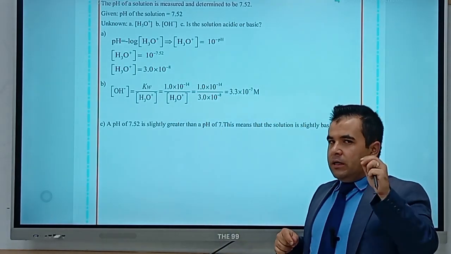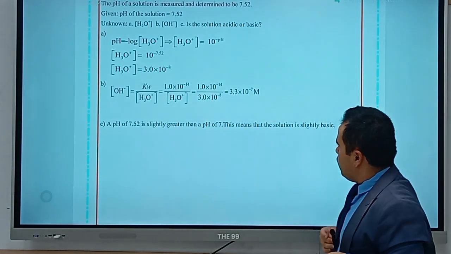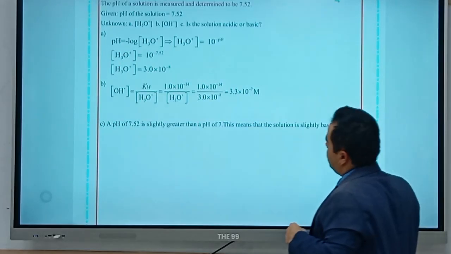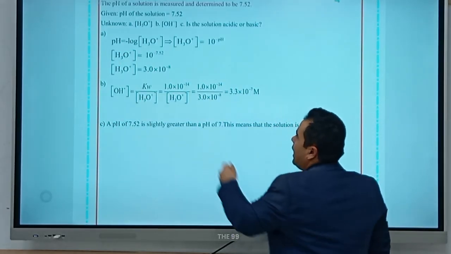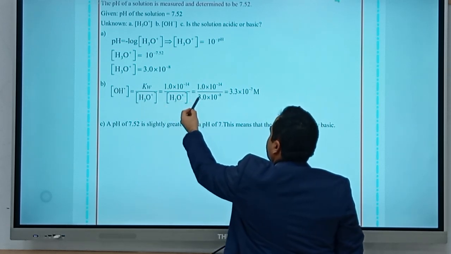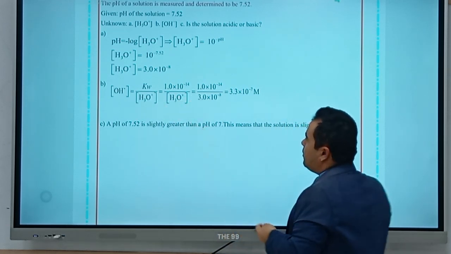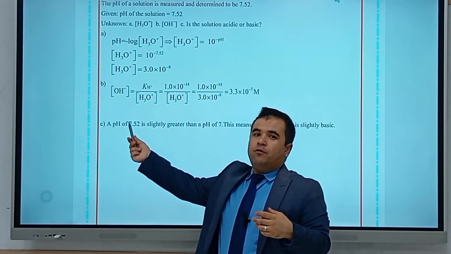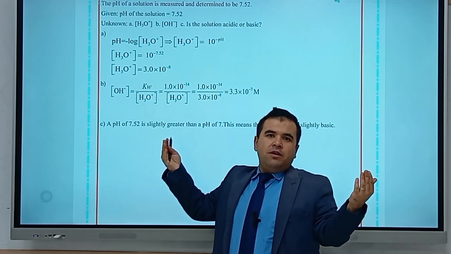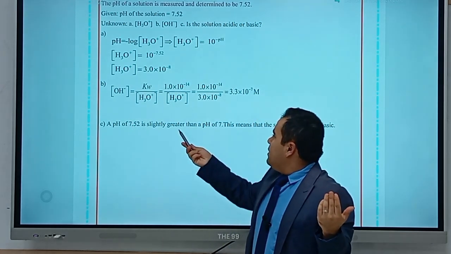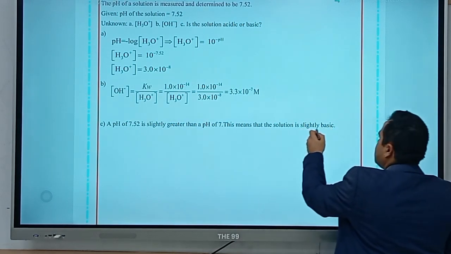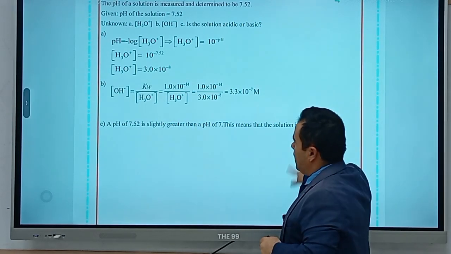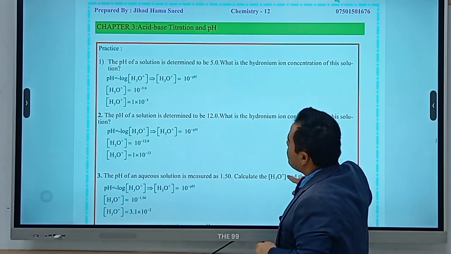That's why take the antilog of the same number, you'll get the number that has a whole number as the power. And hydroxide from the Kw can be calculated as well. The pH of 7.52 is higher than 7, and it's basic, slightly greater than pH of 7. This means that the solution is slightly basic or alkaline.